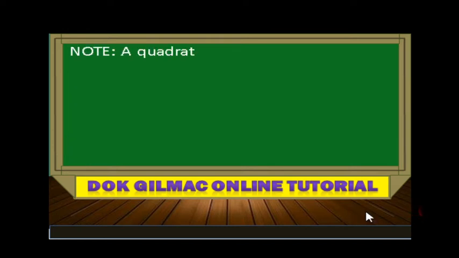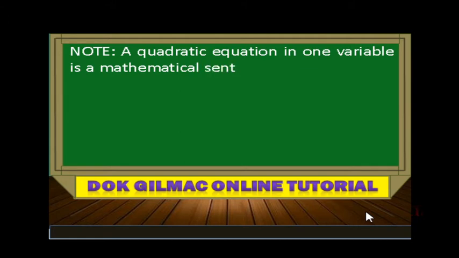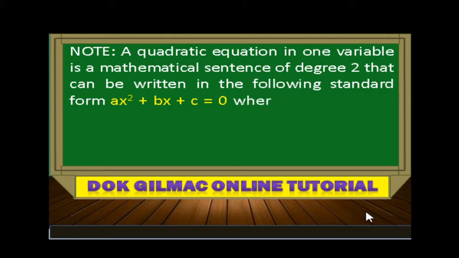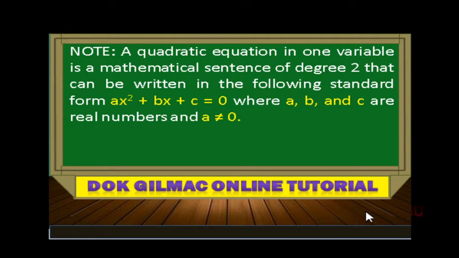Take note, a quadratic equation in one variable is a mathematical sentence of degree 2 that can be written in the following standard form: ax squared plus bx plus c equals 0, where a, b, and c are real numbers and a is not equal to 0.